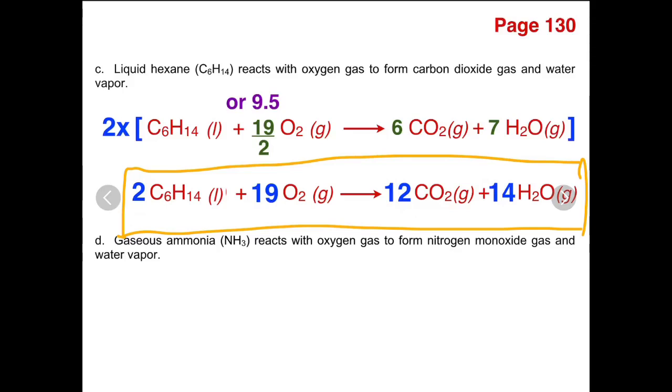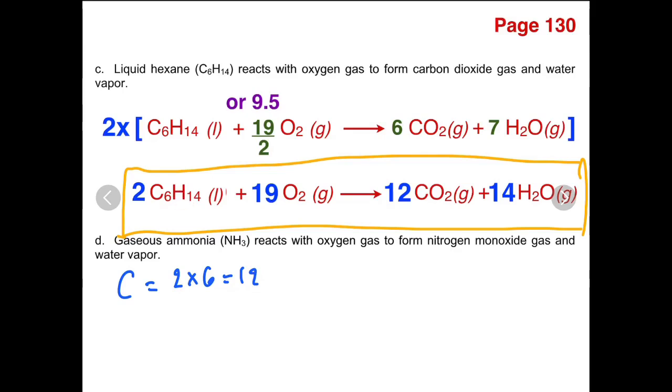If you are not sure, before you move on to the next, you can also check your answer. If you're looking at this, for carbon you would have 2 times 6 equal to 12, which comes from 2 of this whole molecule. Each of these molecules has 6 carbon, so total carbon would be 12.